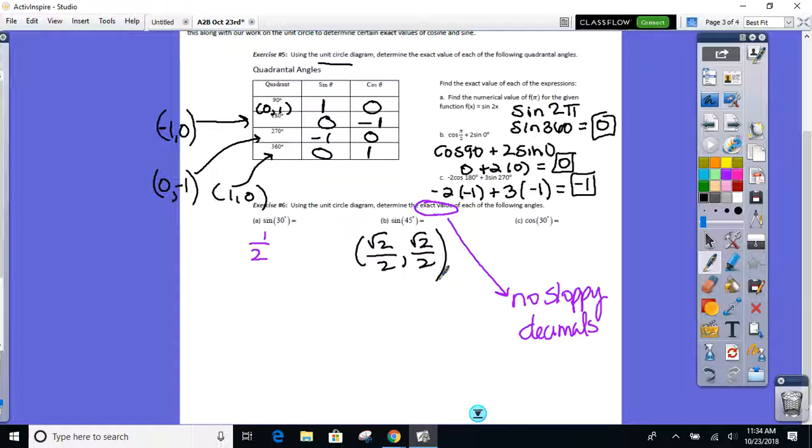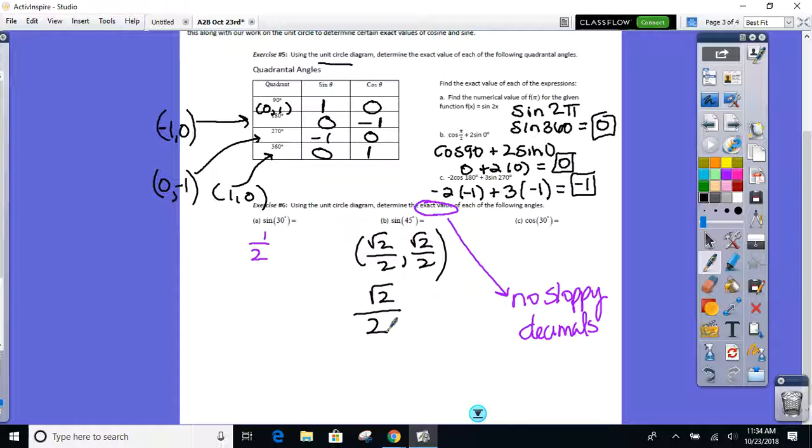The y coordinate. So out of those two, what's my y coordinate? Radical 2 over 2. So guess what the sine of 45 is? An exact value, radical 2 over 2. And if you type that into your calculator, you will get that same 0.707 sloppy decimal back.